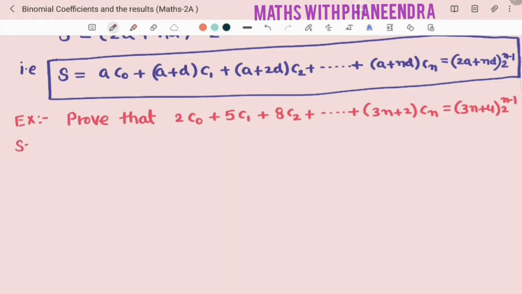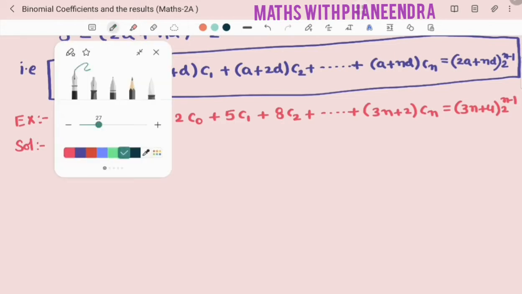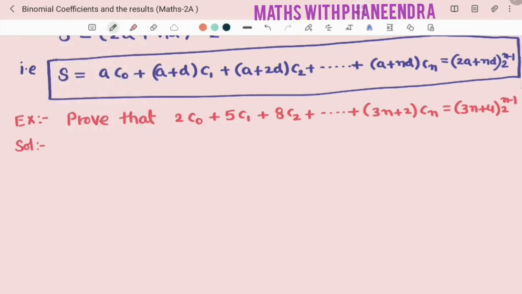So in this solution, first LHS. What is LHS? 2C0 plus 5C1 plus 8C2 plus and so on (3n plus 2) into Cn.